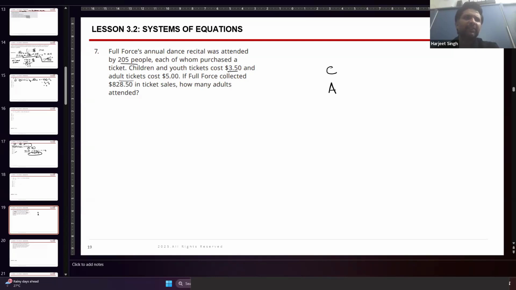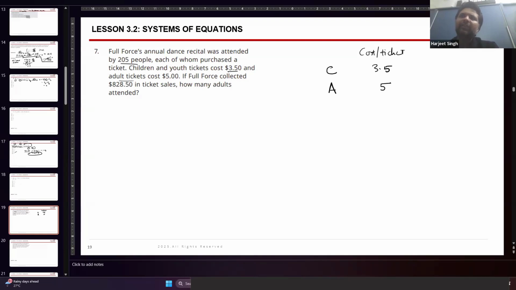I'll tabulate this data. Can I say cost per ticket? For children, it is 3.5 and for adult, it is 5. And what else is given? Full Force collected 828.5 in ticket sales.